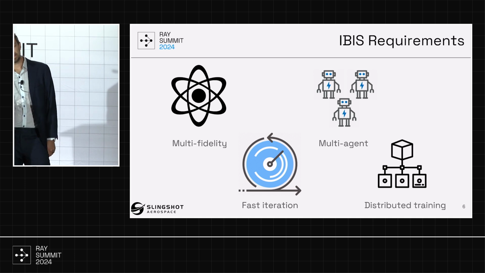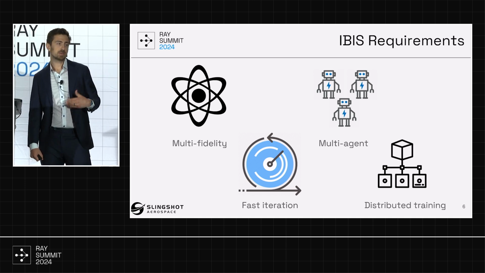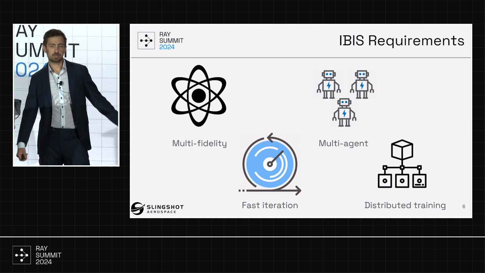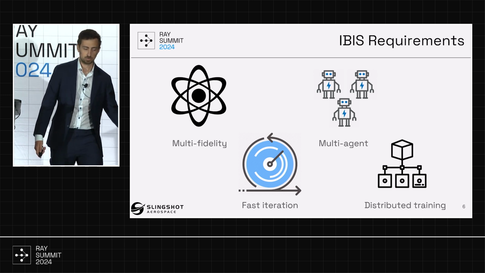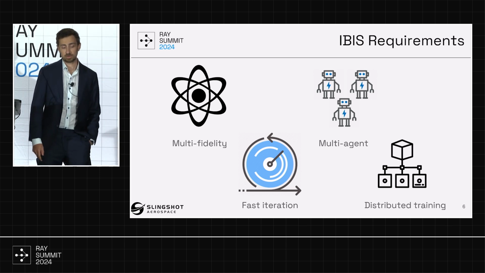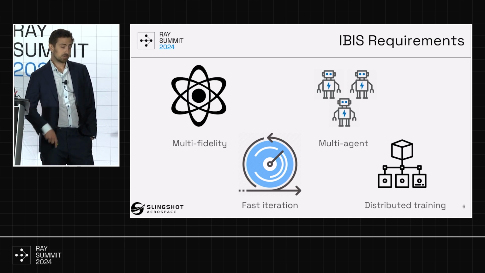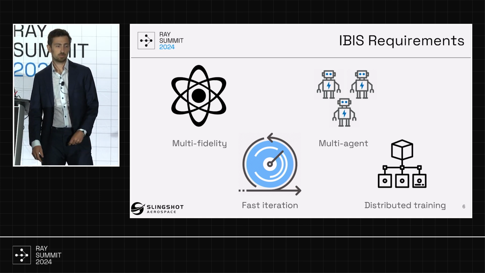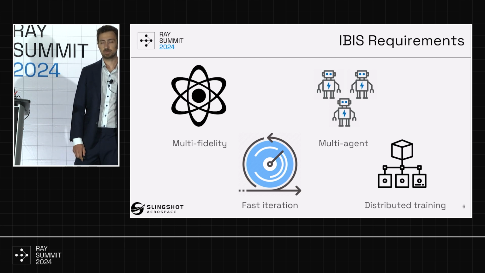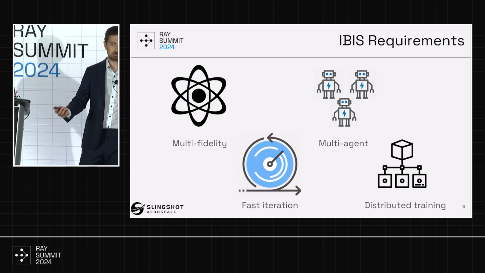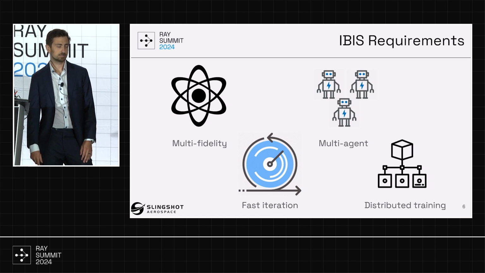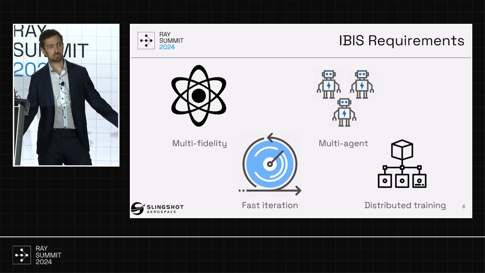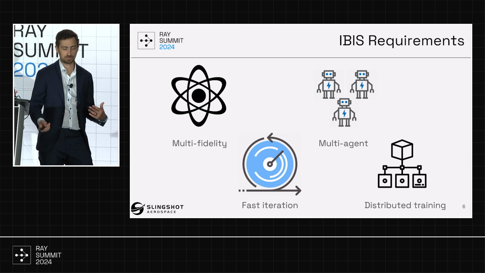More specifically, we need to be able to train on simulations that are multi-fidelity, because we don't know necessarily what the environments we'll be deploying into will be and what fidelity those systems will be. It needs to be multi-agent, so if we train with N agents, we need to have that be generalizable to having M counterparties. We really want to enable fast iteration so we can try out lots of different things.